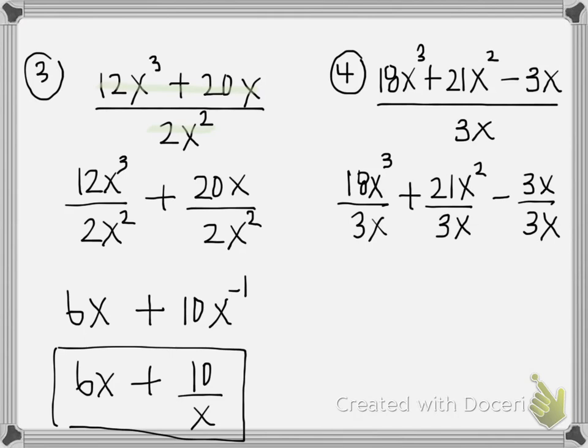Okay, so 18 divided by 3 will give me a 6. X cubed over x will be 3 minus 1, so that'll be an x squared. 21 divided by 3 will be a 7. And x squared divided by x, so that'll be 2 minus 1, so that'll be an x. And 3x over 3x will just leave me with a minus 1 there.